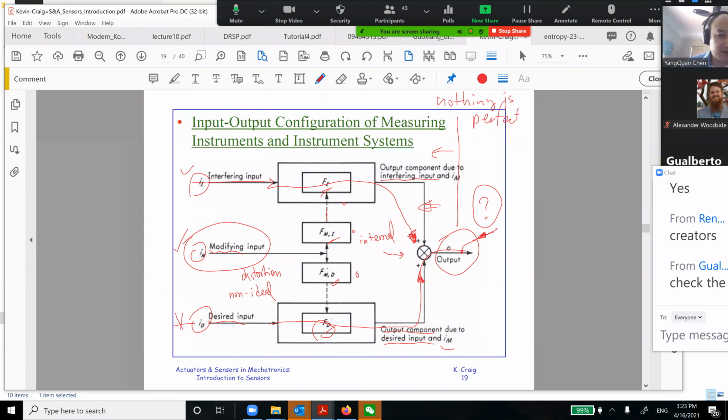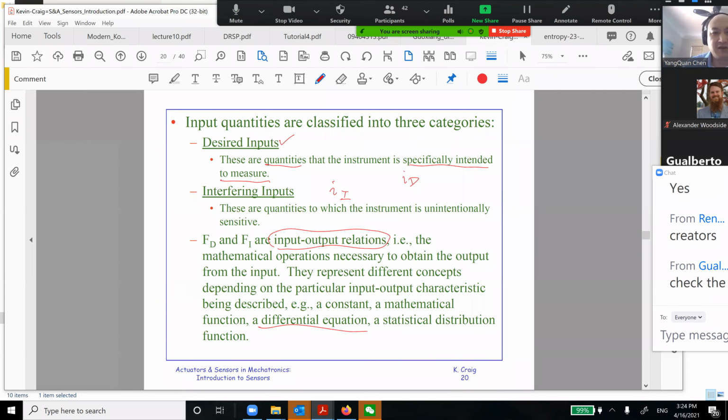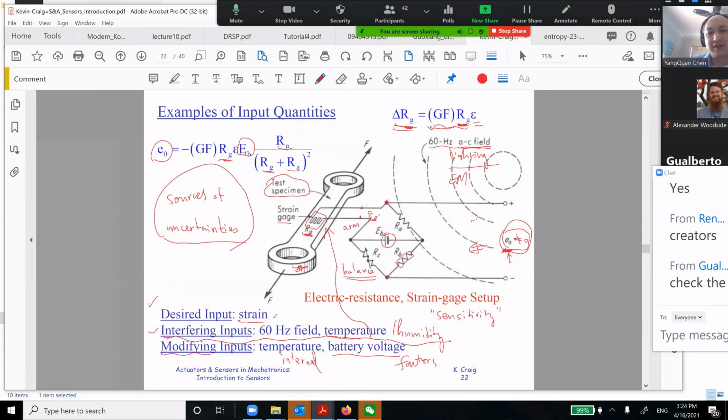Whenever you have a sensor, don't trust it until you verified it. I have a thorough understanding of this picture of sensor is good, okay. So this is an example of those desired input, interfering inputs, and modifying inputs, okay.